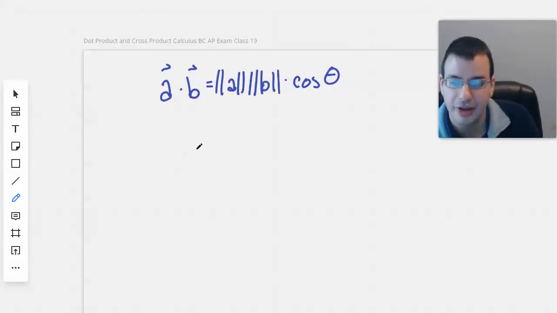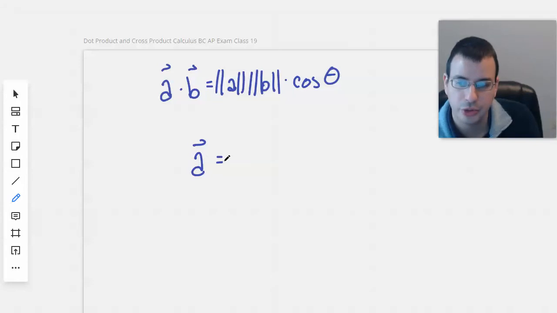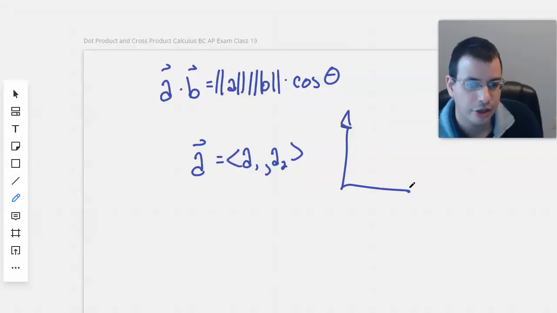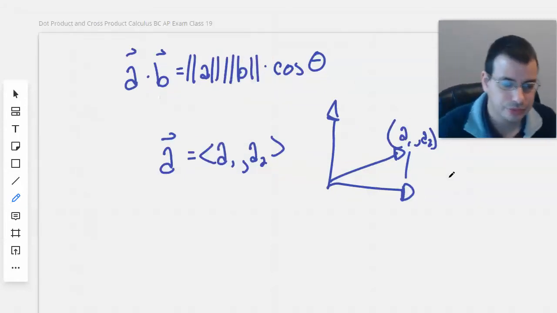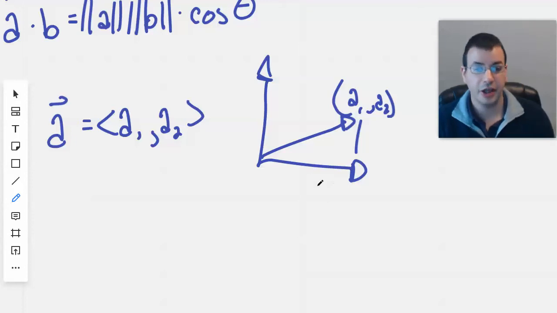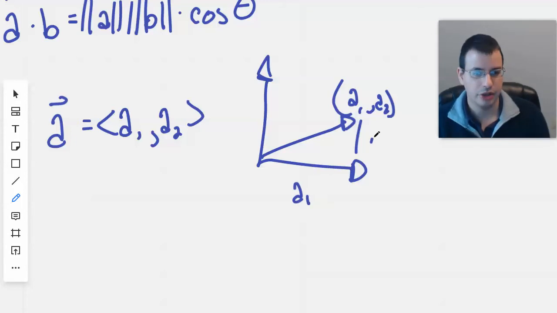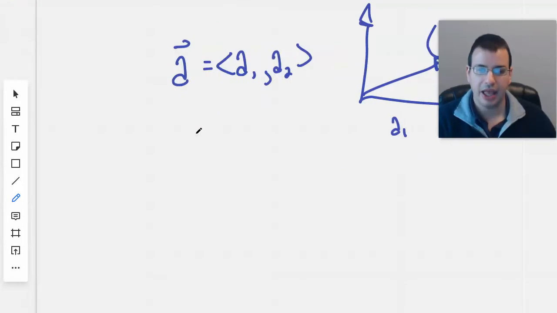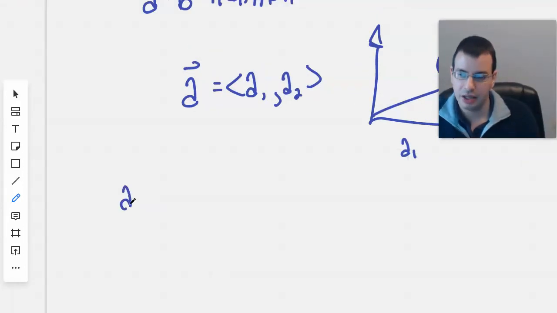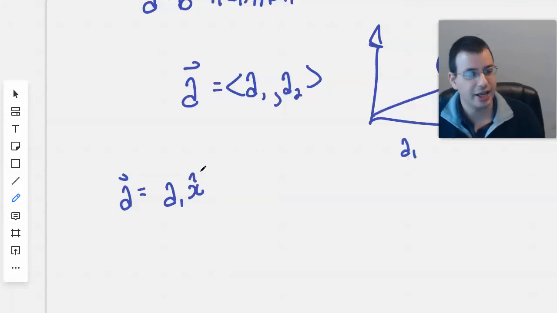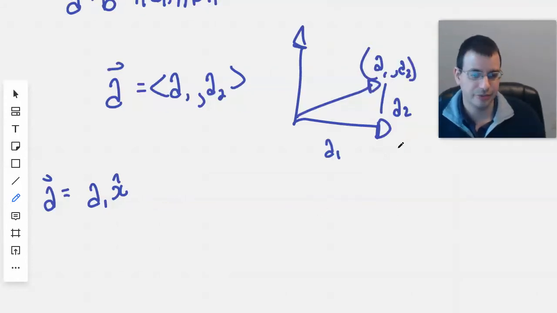So we're going to say we have A equals [A1, A2], where this is a coordinate system, and we have A1, A2. Another way of looking at this is the x value here is A1, this is A2, and so we can say that A equals A1 times x hat, which is the unit vector for x, plus A2 y hat.